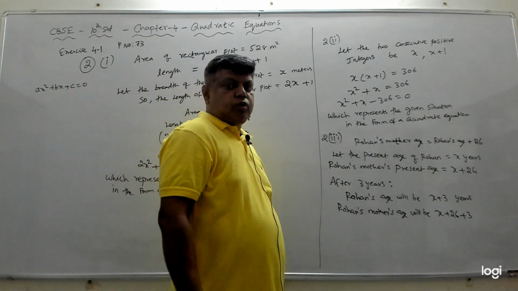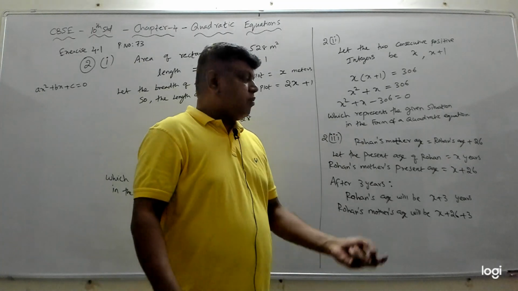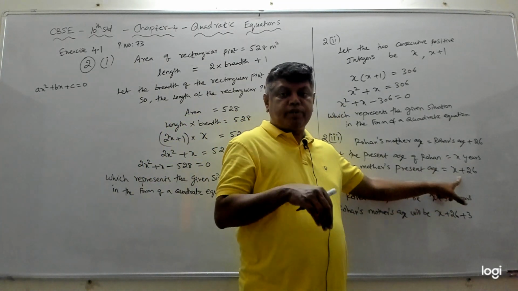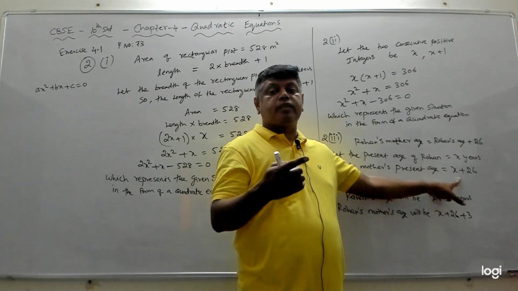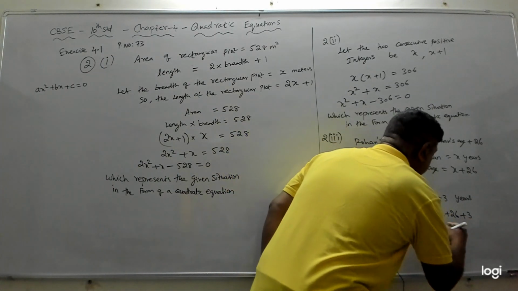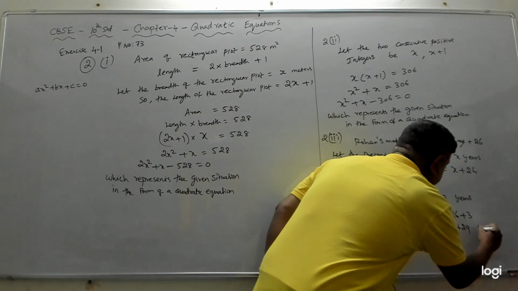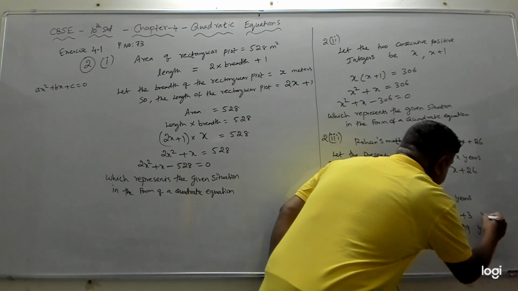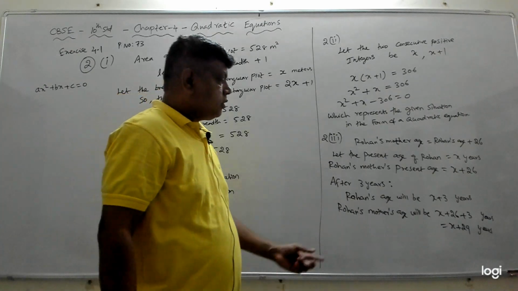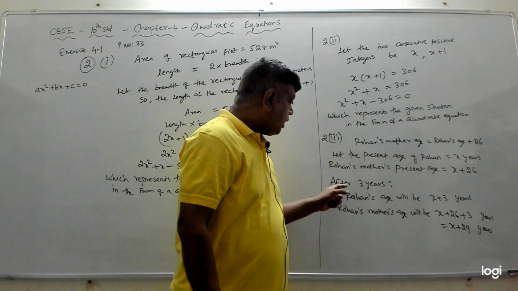So if your present age is x, the age after 3 years is x plus 3. If Rohan's mother's age is x plus 26 currently, then after 3 years it will be x plus 26 plus 3, which becomes x plus 29 years.